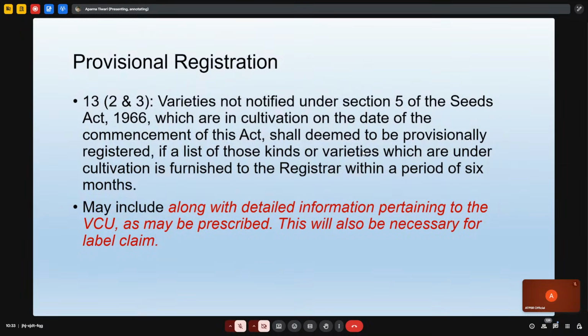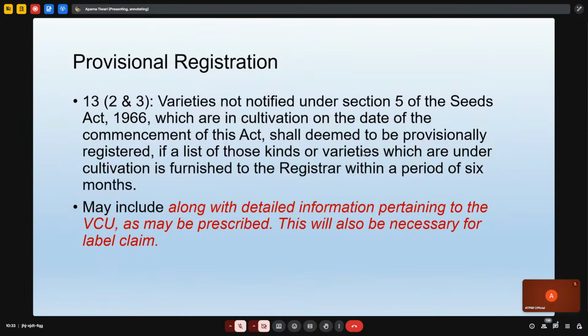So there is also the provision for provisional registration, for those varieties which are already in commerce or already in cultivation at the time of commencement of this Act, though these are not notified varieties.